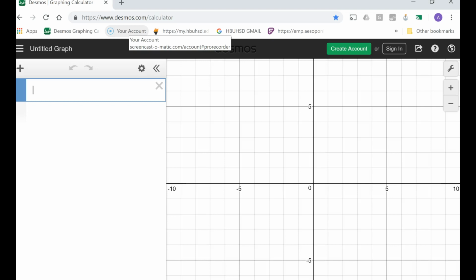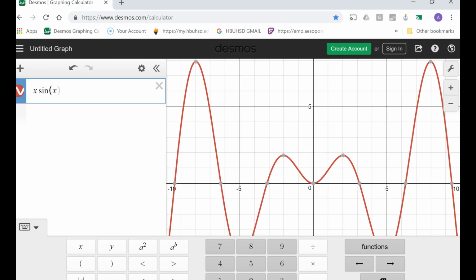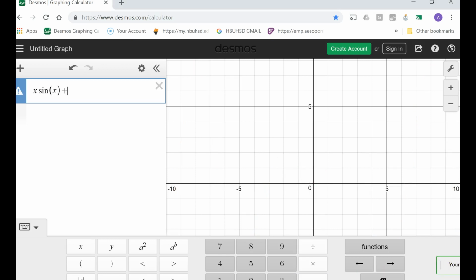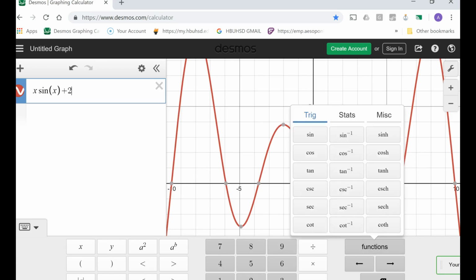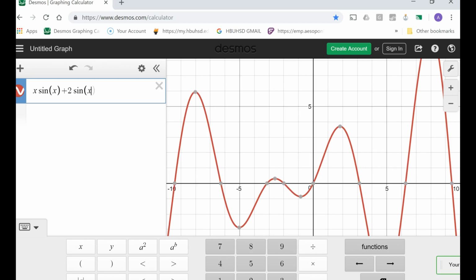What was the numerator? X times sine x, plus 2 sine x, all of it divided by.